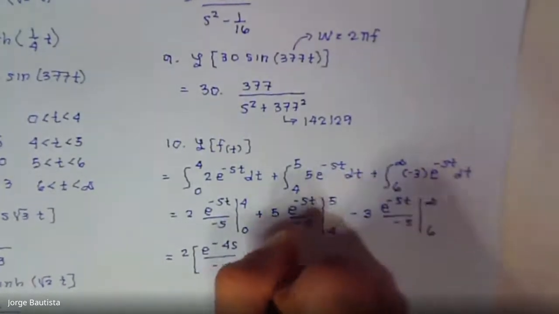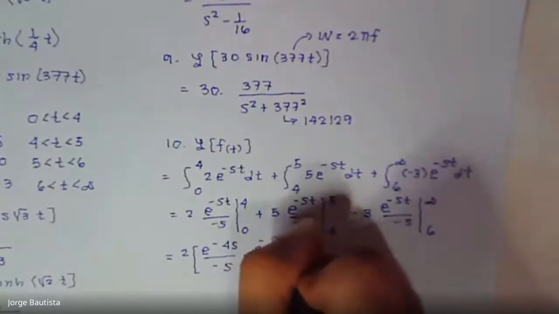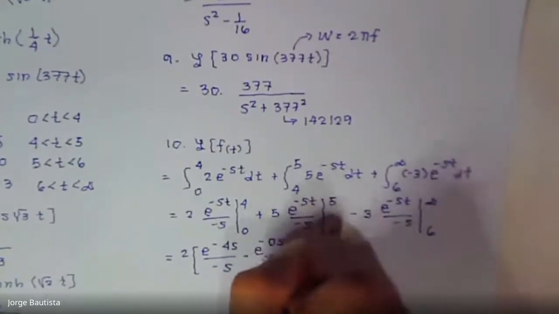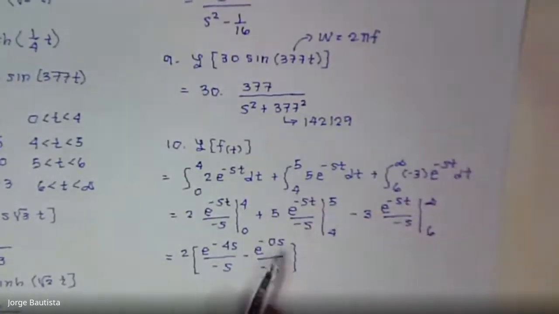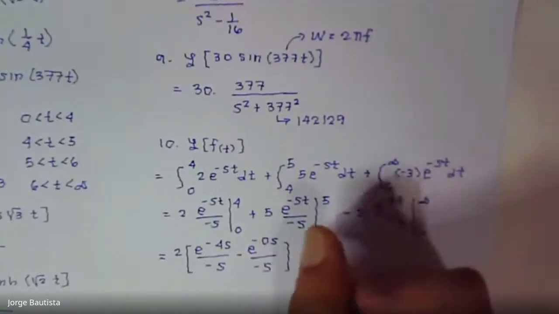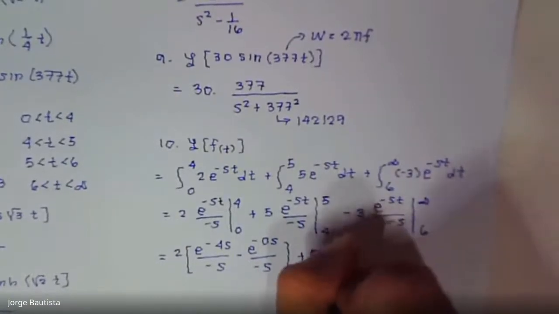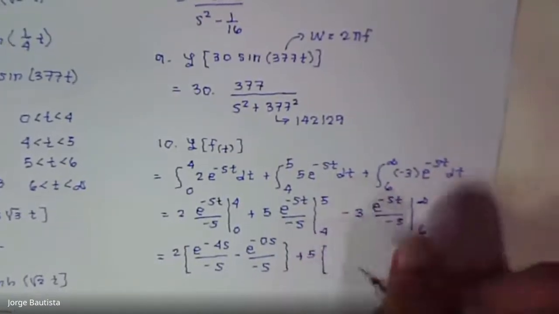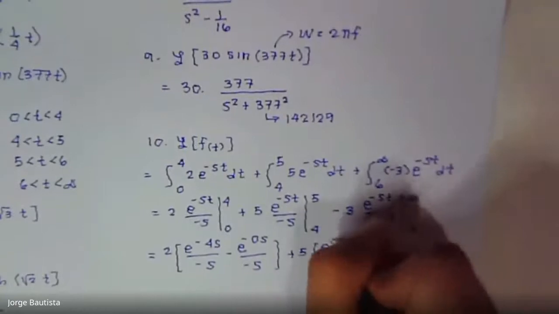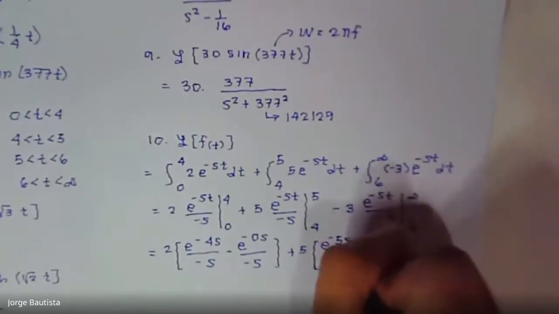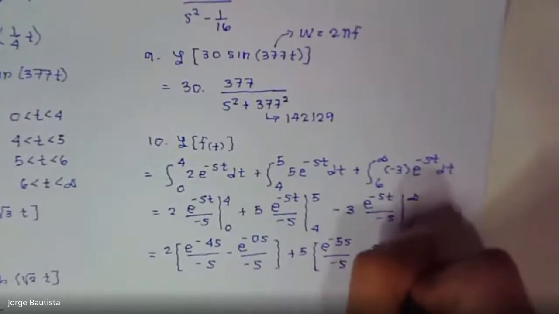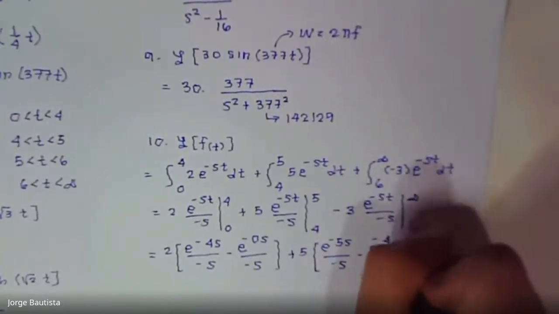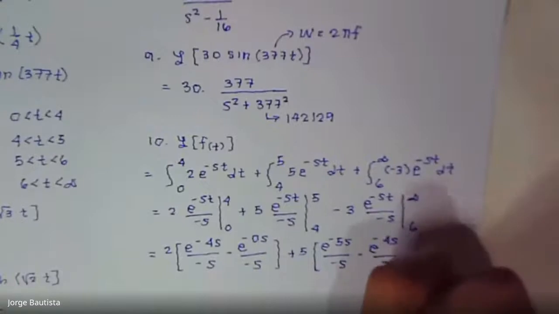Then minus e raised to negative 0s all over negative s. Okay? O, isulat ko lang kasi para mamaya na tayo mag-cancel. Plus 5. Okay? Limit e raised to negative 5s all over negative s minus e raised to negative 4s all over negative s.